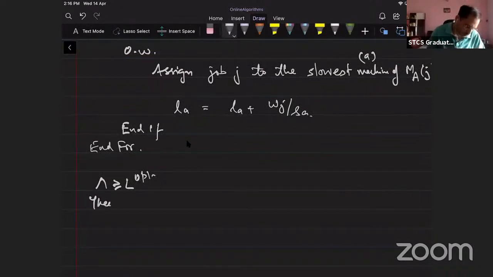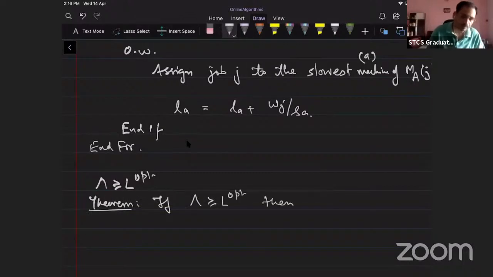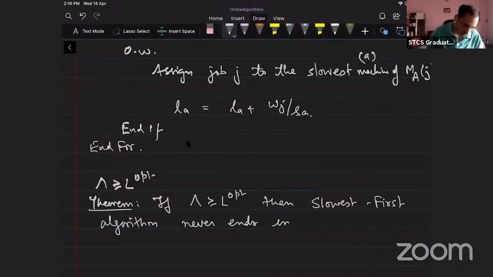So the theorem is, if lambda is greater than or equal to LOPT, then the slowest first algorithm never ends in a fail state. So as long as our upper bound is a valid upper bound on LOPT, we will not get into a condition where there exists a job for which there is no assignable machine.